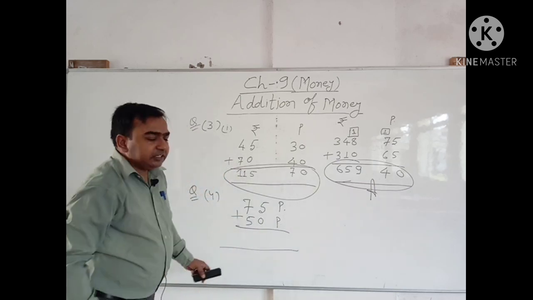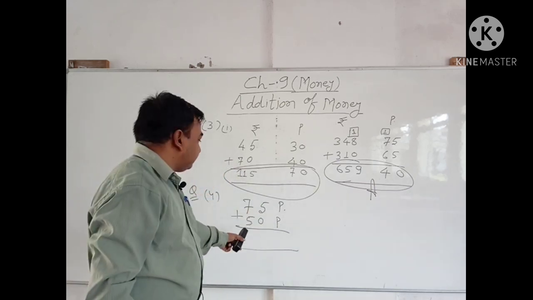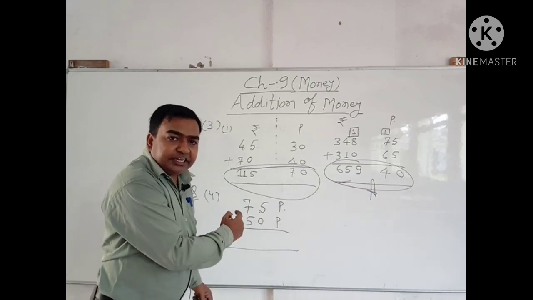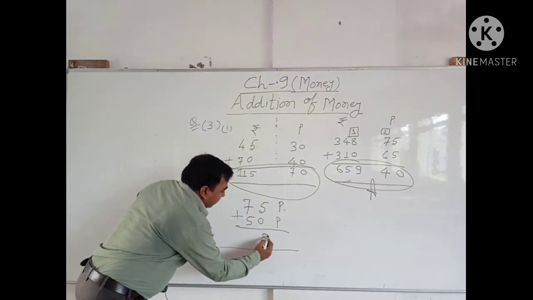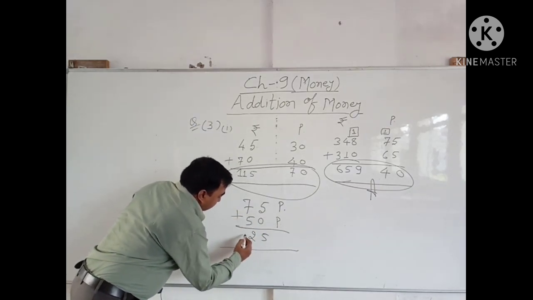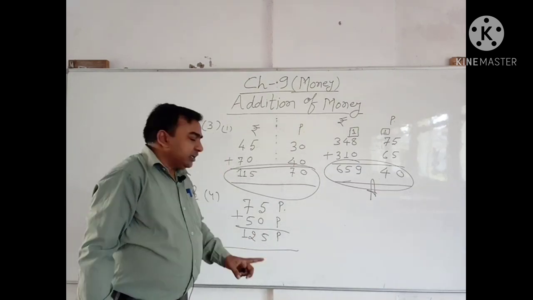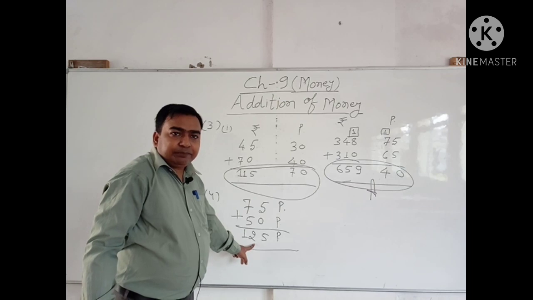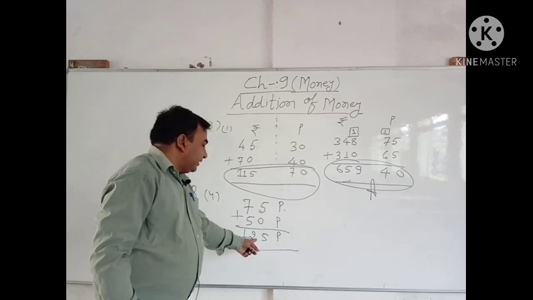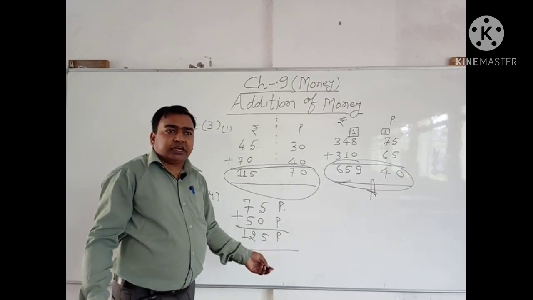Suppose that we will add these two numbers, 75 paise and 50 paise. First we will add 5 plus 0 is 5, 7 plus 5 is 12. 125 paise. 125 paise is the answer.